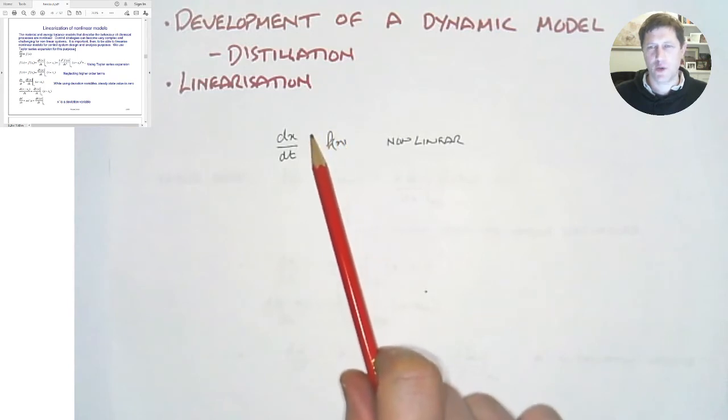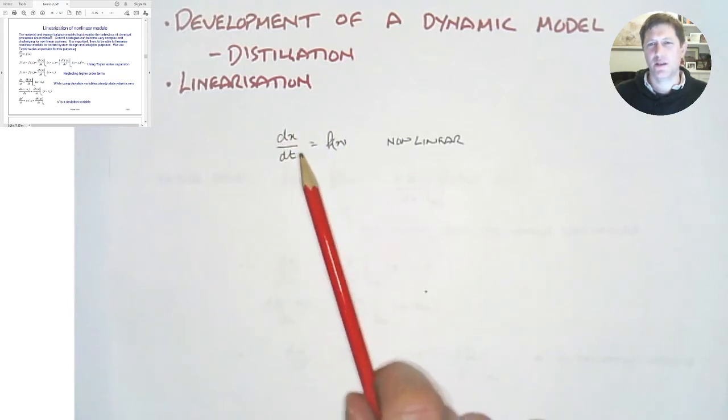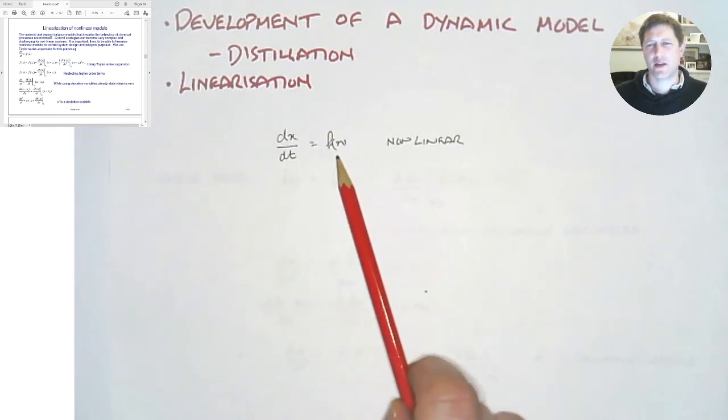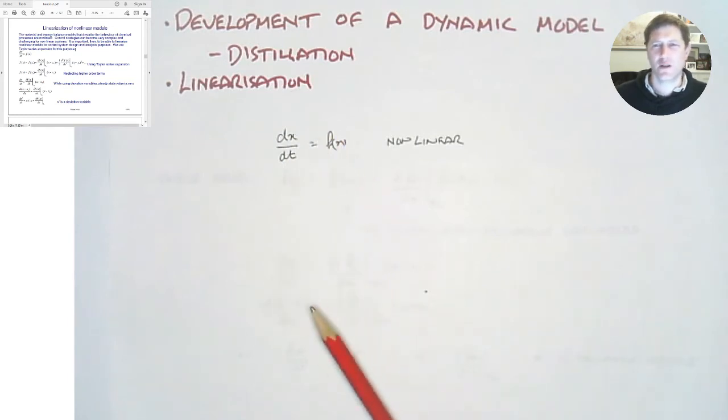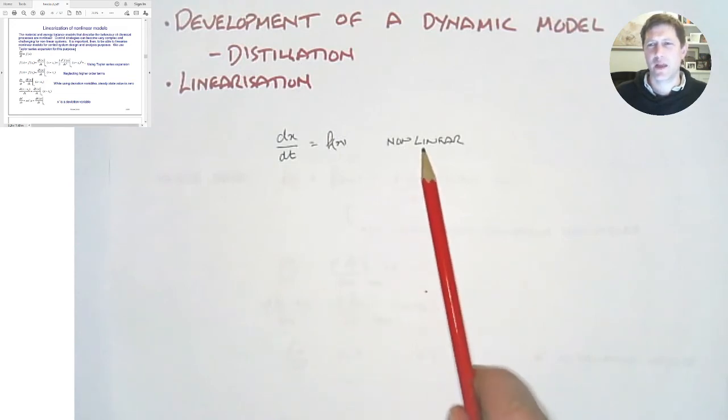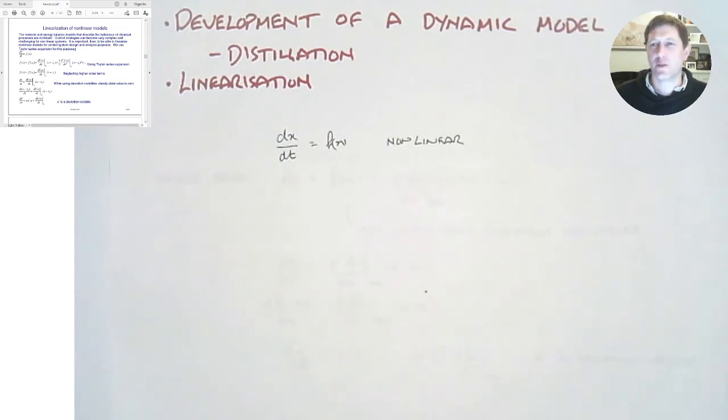So if we have a first order ordinary differential equation, but it is a non-linear expression of x, like x squared or sine x or anything else like that, the Laplace transform method won't work, and also the deviation variable method won't work. So we need to linearize this in order to apply our methods to it.